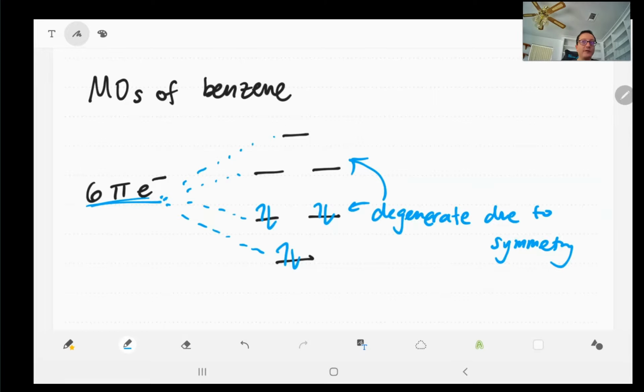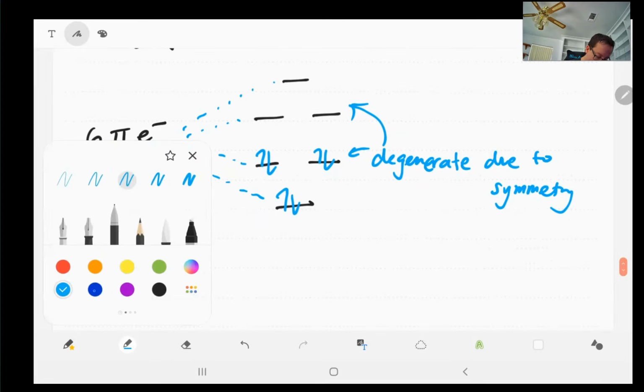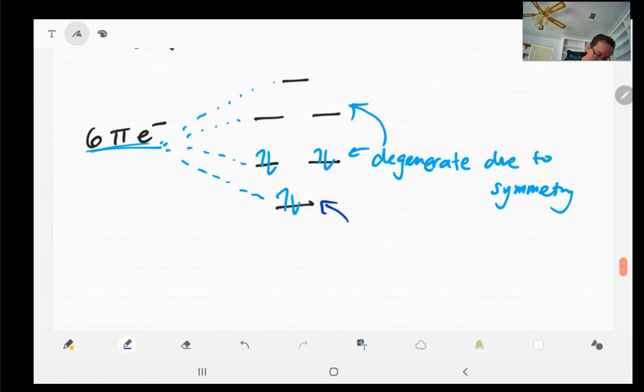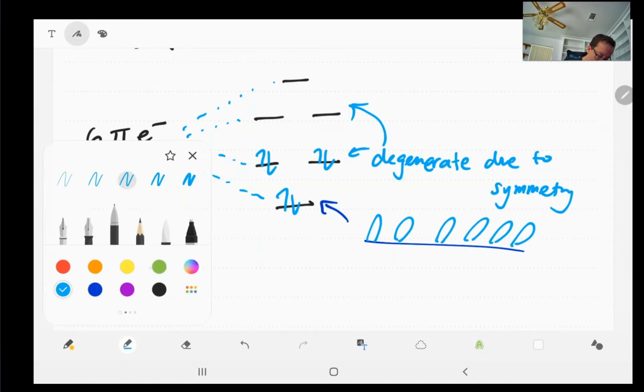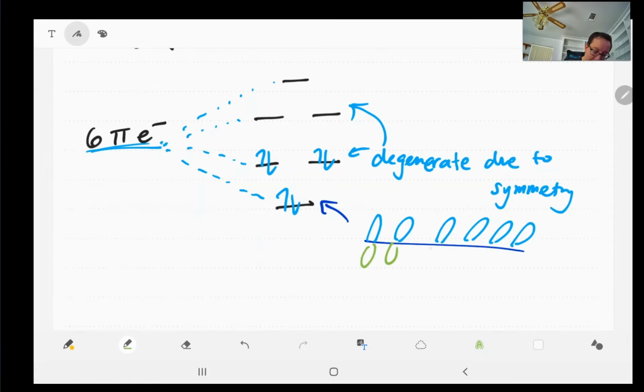If we want to take a look at them, the lowest one is very similar to our hexatriene, which had all of them blobbed together like that.